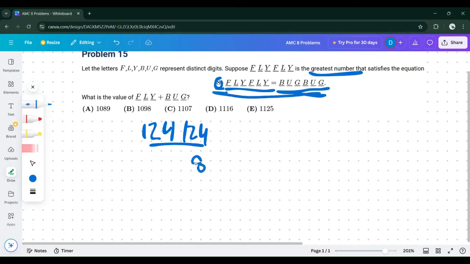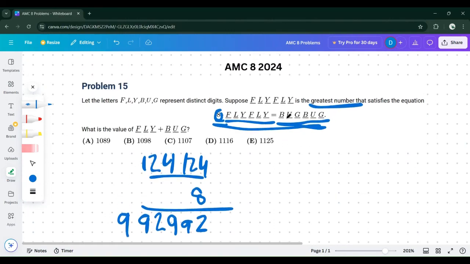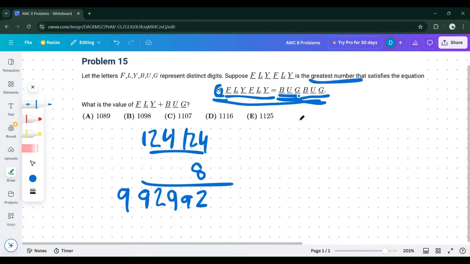And you can multiply by 8 and let me see, 3, 16, 9, 1, 9, 2, 3, 9, 8, 9. Yeah, I think that's it. But it doesn't satisfy the equation because B, U, and G are not distinct digits.